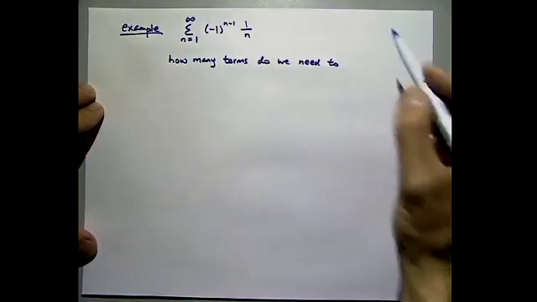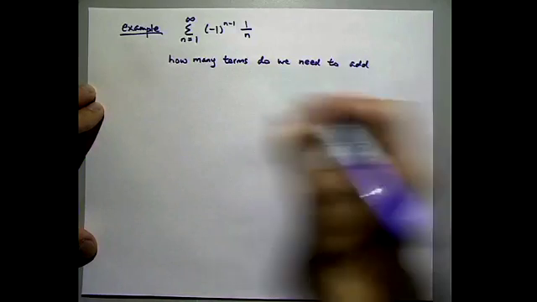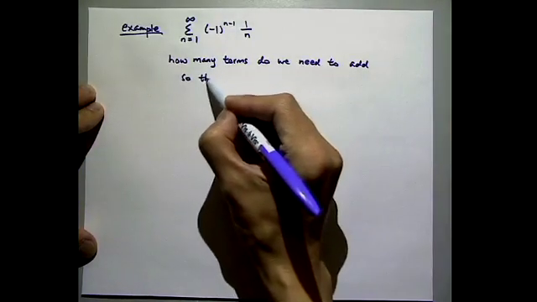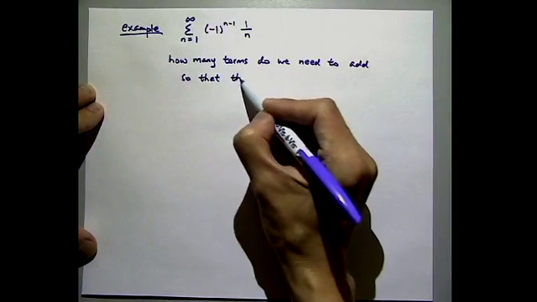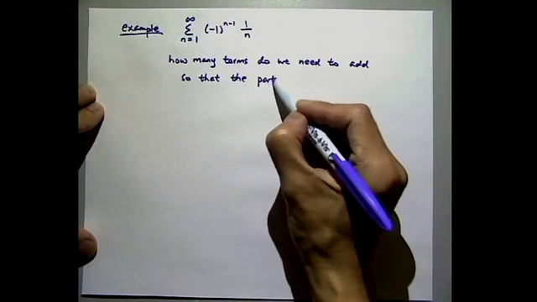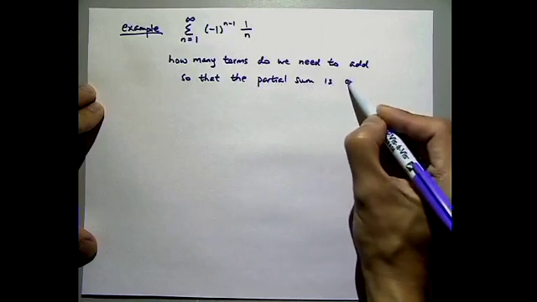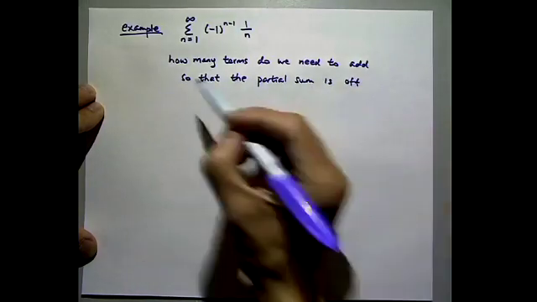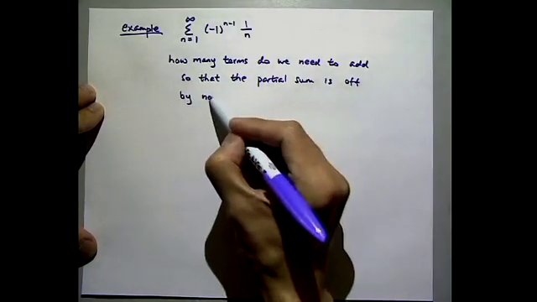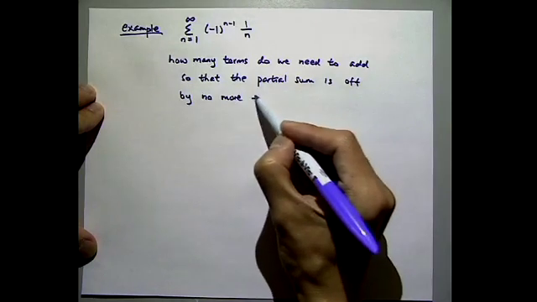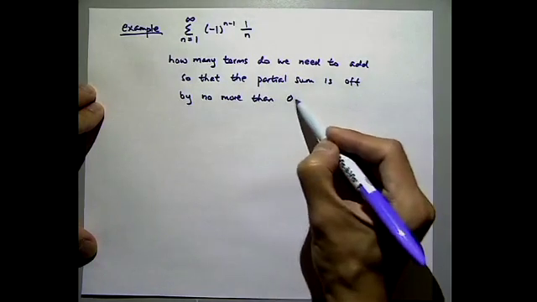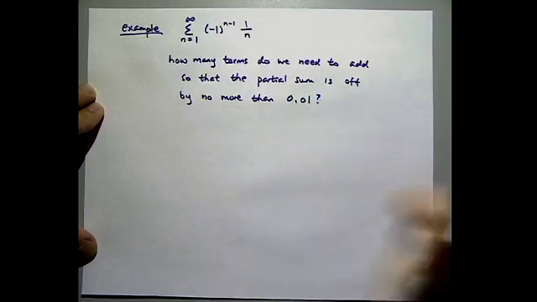How many terms do we need to add so that the partial sum is off by no more than 0.01?